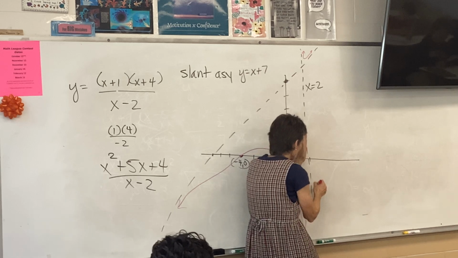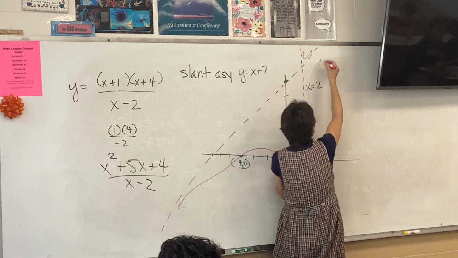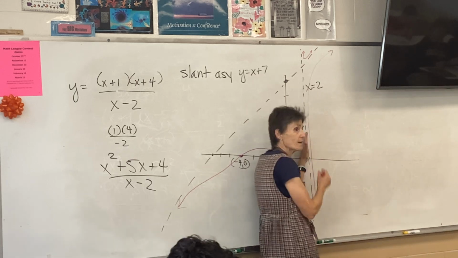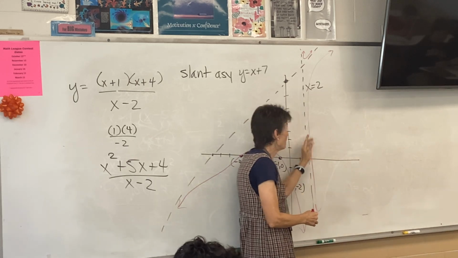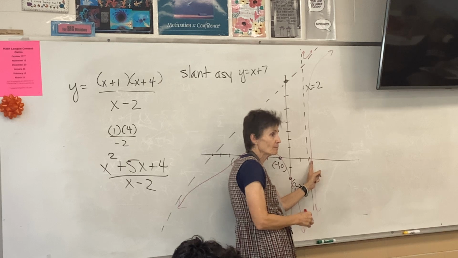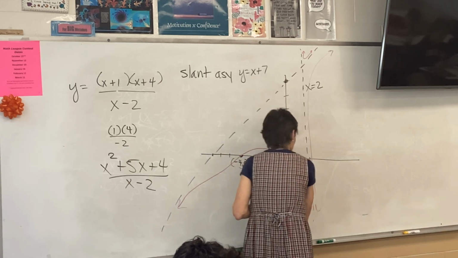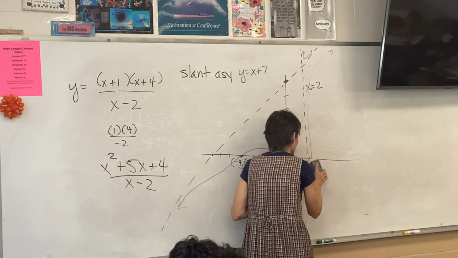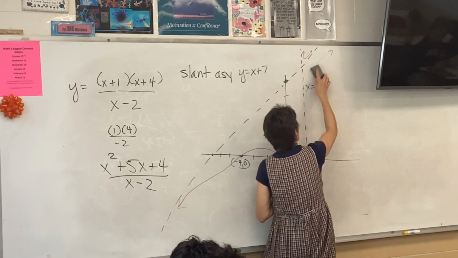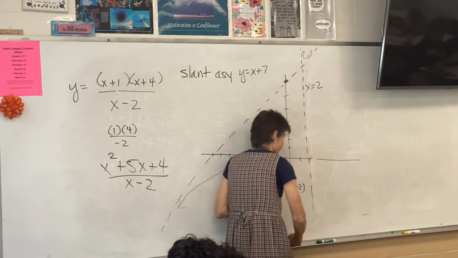If you tried to draw it down here, you can draw something down there, but what happens right here? Can't do it, can't cross it. So therefore, it can't be the bottom piece, so it has to be the top piece.